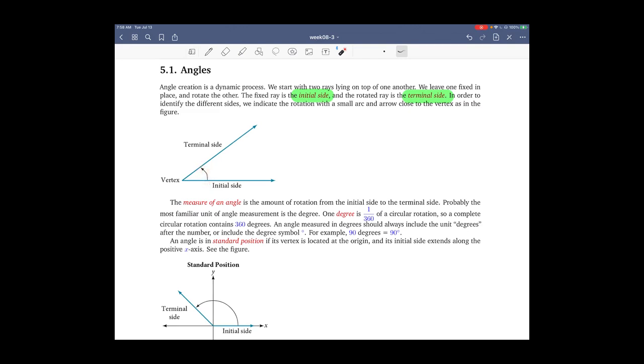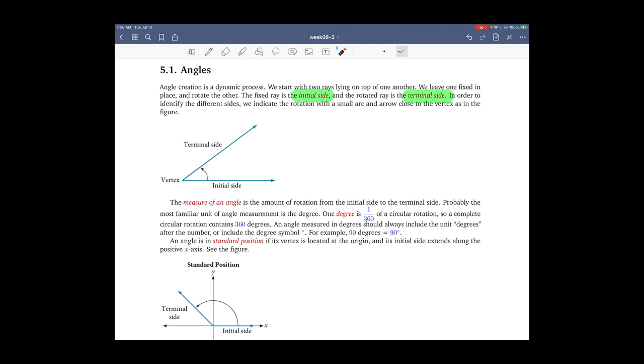We imagine our angle with the initial side being fixed and the terminal side moving in space or in the plane. We will indicate with an arrow the direction of the angle.